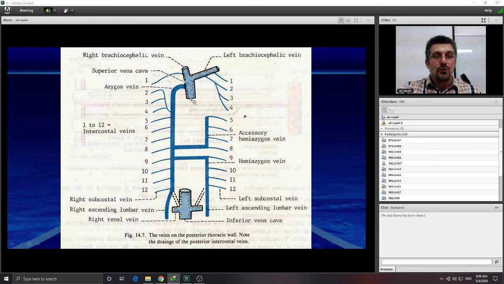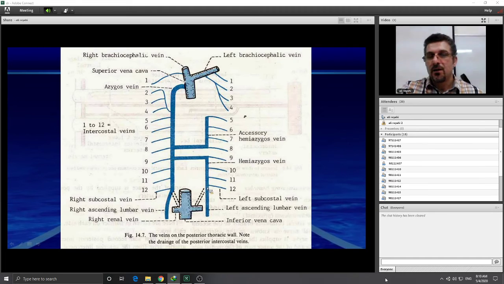As I told you before, the superior vena cava comes back to the left ascending lumbar vein and the left subcostal vein, as you see in this picture.